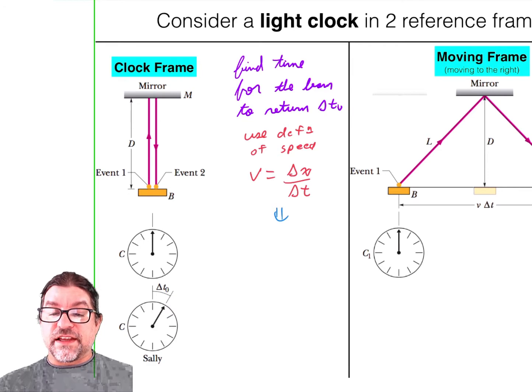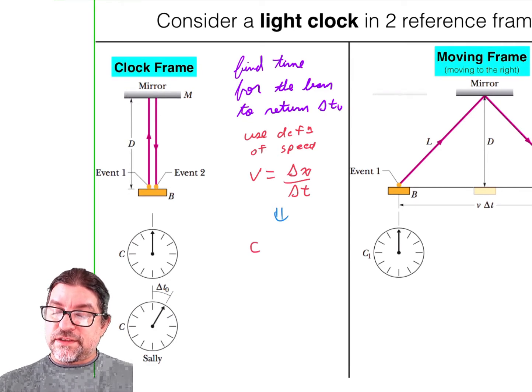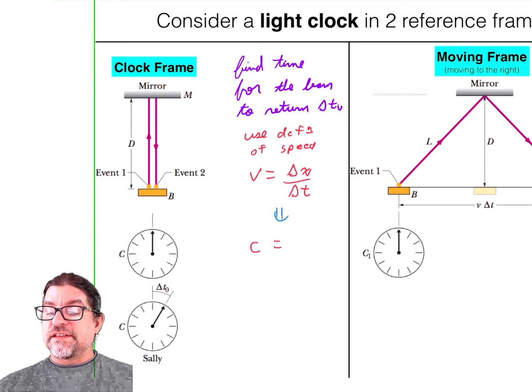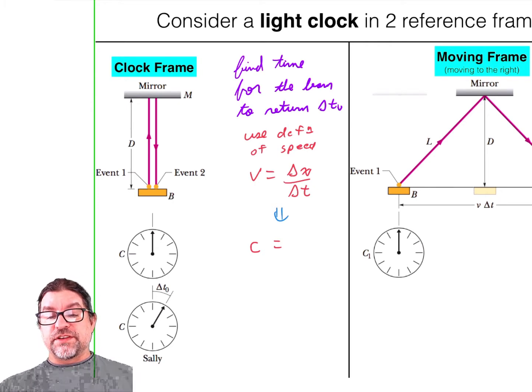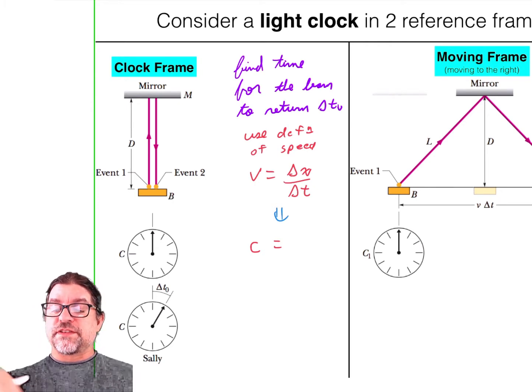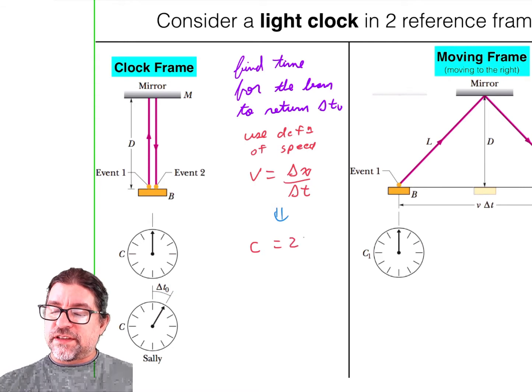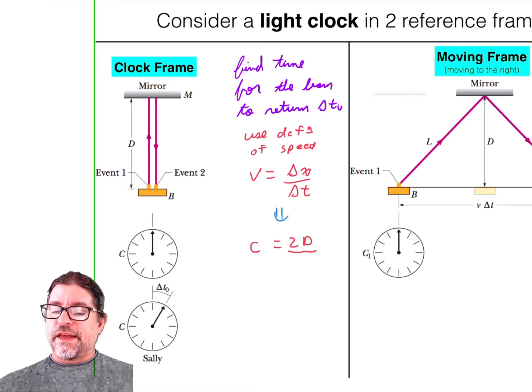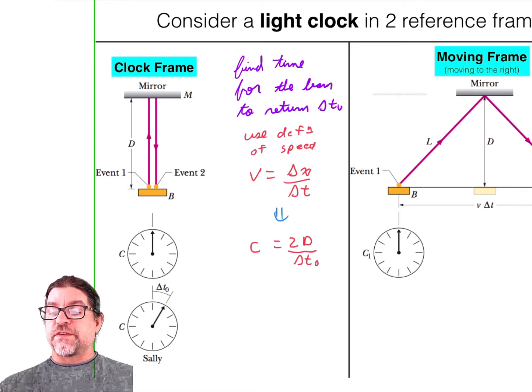How fast is the light traveling? Well, it travels at speed c. And delta x is the distance traveled by the light. It travels a distance d to the mirror, and then a distance d back, so delta x in this case is 2d. And the amount of time, we're calling it delta t naught, is the time measured by the clock, from the clock's point of view.